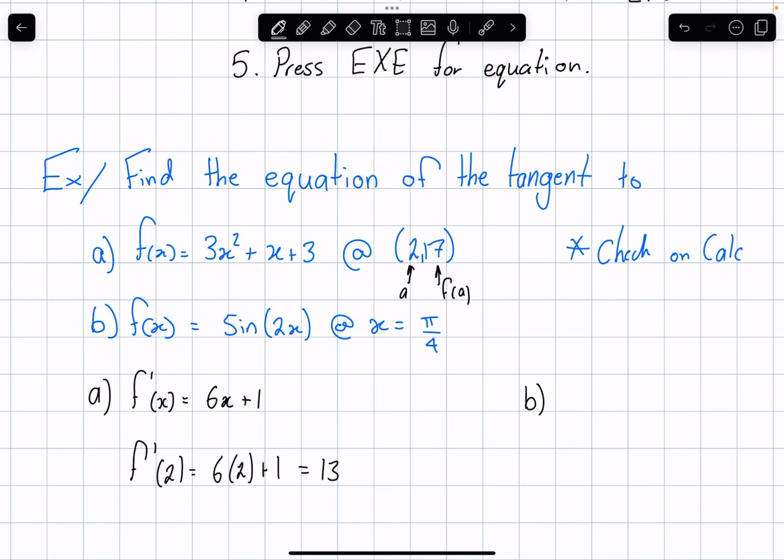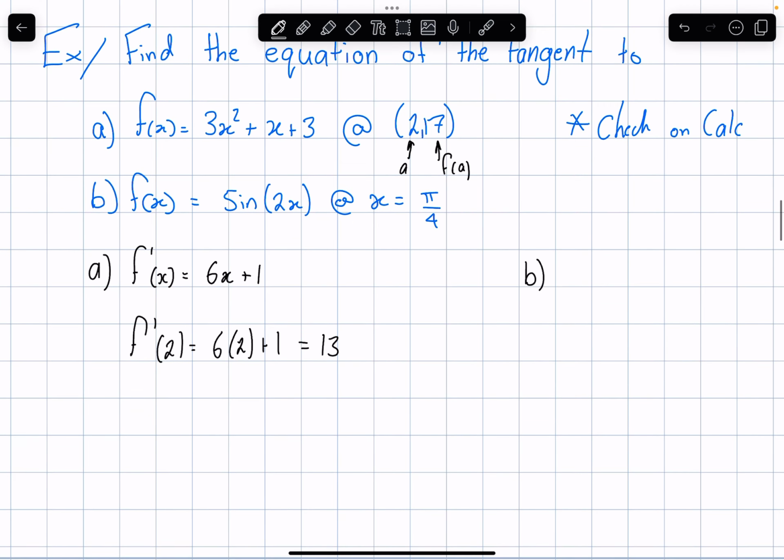So now that I've got all of that information, I could put it into my formula. So my tangent formula, y equals f dash of a, which is 13, times x minus a, which is 2, so we can put that in there as well, plus f of a, which is 17. Now, that's not quite the form we wanted.